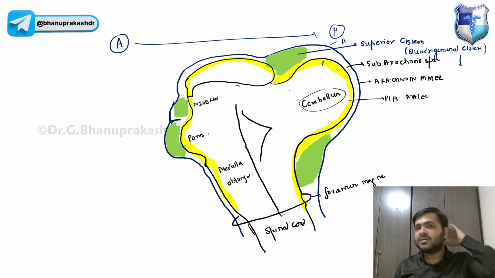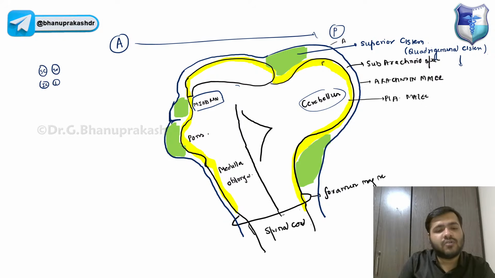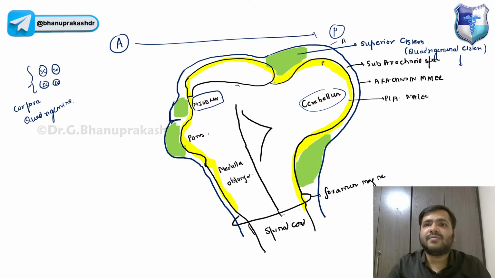If we talk about the posterior surface of the midbrain, guys, the midbrain has four colliculi. We already discussed two superior colliculi and two inferior colliculi. Together, they are called the corpora quadrigemina. Now, what is happening in this superior cistern?